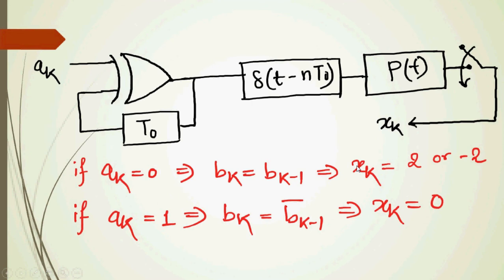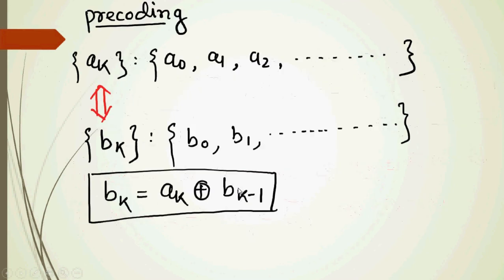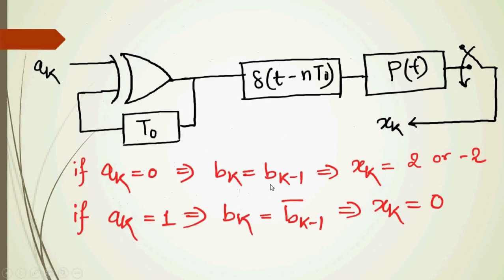This sample value could be 2, -2, or 0 because of our specific pulse shape PT, that is the Nyquist second type of pulse shape or the duo binary type of pulse shape. If the input data AK is 0, then BK is BK minus 1 from this relation. If AK is 1, then BK is the complement of BK minus 1, right?